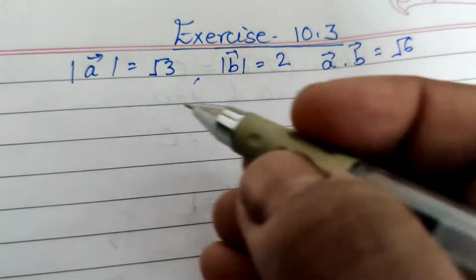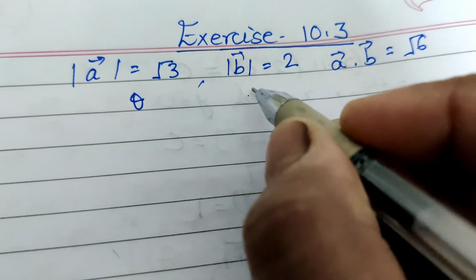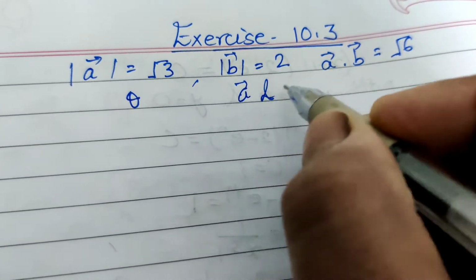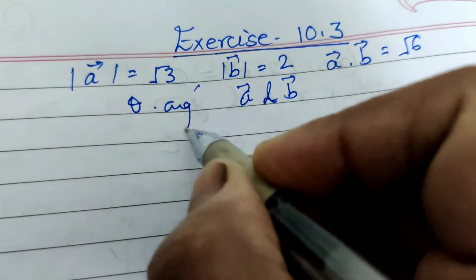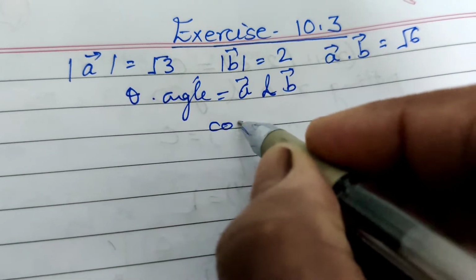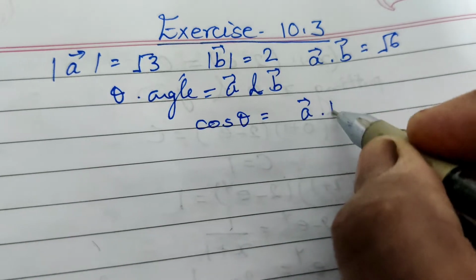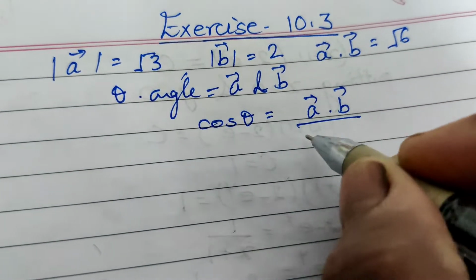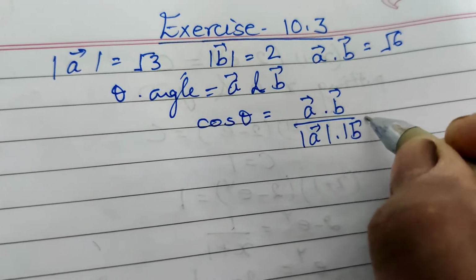Find the angle between them. Let the angle between the vectors A and B be theta. Now cos theta equals the dot product A dot B divided by magnitude of A into magnitude of B.